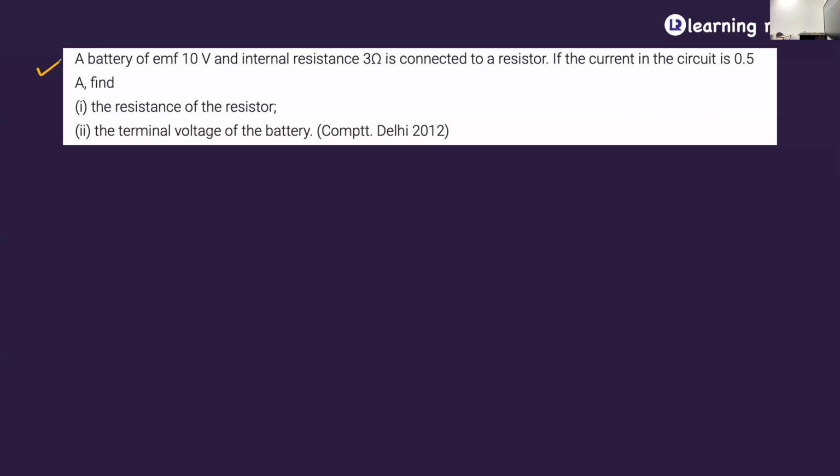So battery of EMF 10 volt and internal resistance 3 ohm is connected to a resistor. If the current in the circuit is 0.5 ampere, find the resistance of the resistor. This is a textbook problem also. I have solved this.